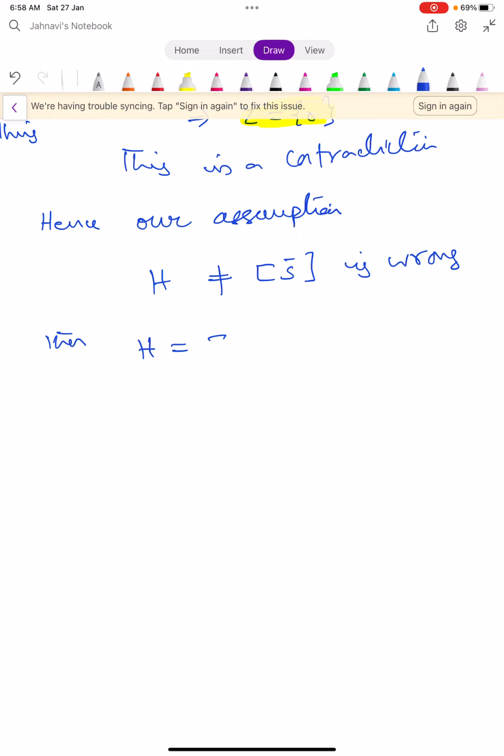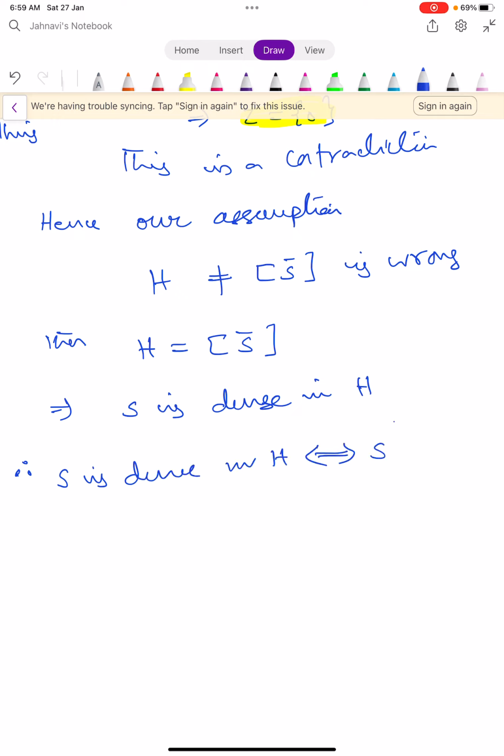H is equal to box S bar. If H is equal to box S bar, obviously S is dense in H. Therefore, we conclude that S is dense in H if and only if S perpendicular is equal to {0}. It consists of only one element. That's it.